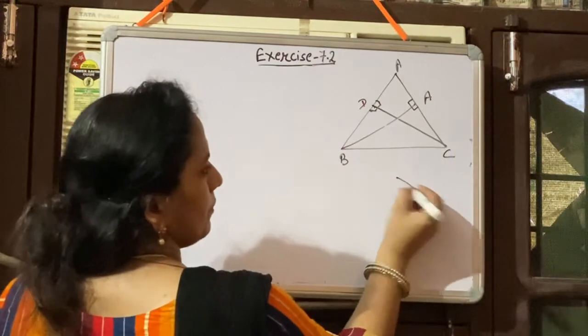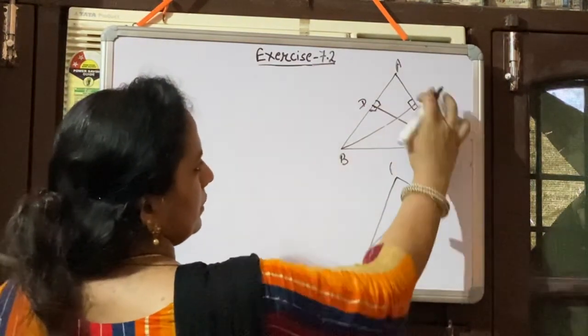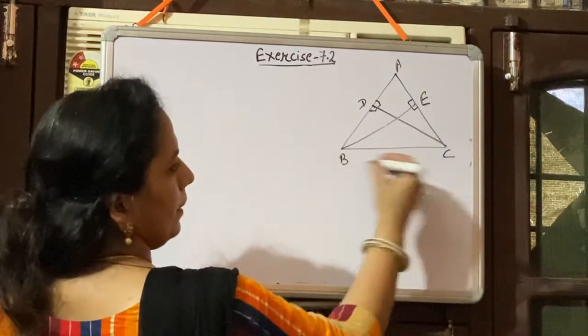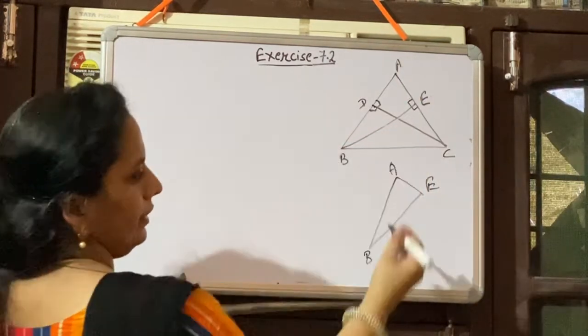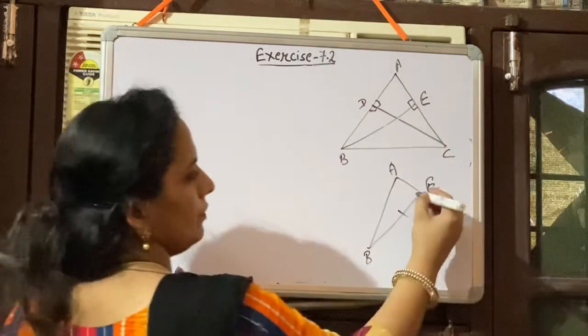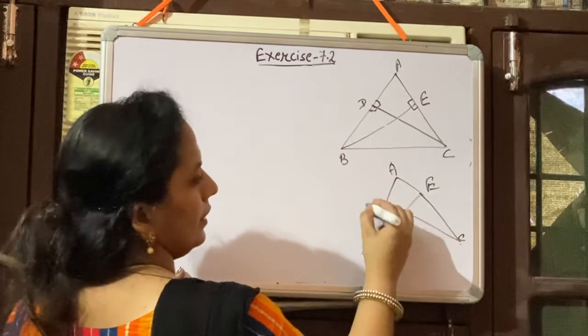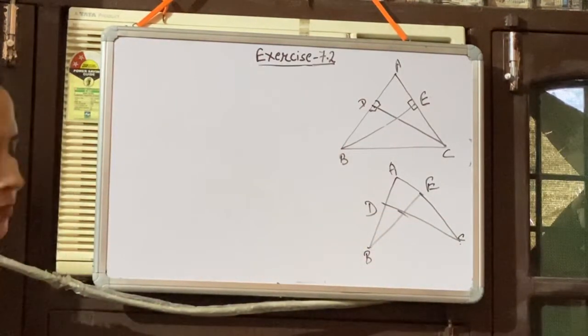First is ABE, in which BE is the altitude, and next we can choose ACD in which the altitude DC is included.